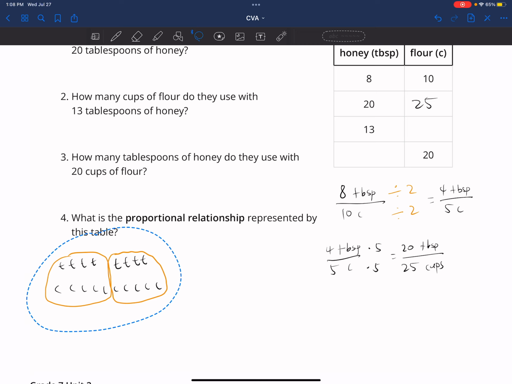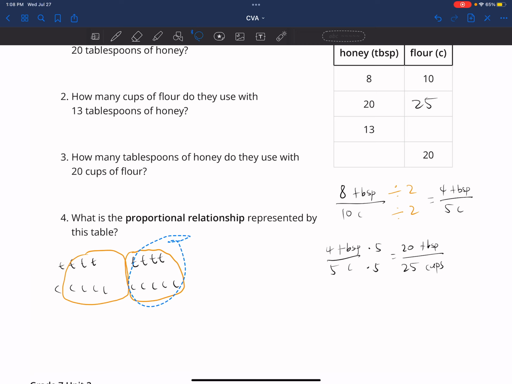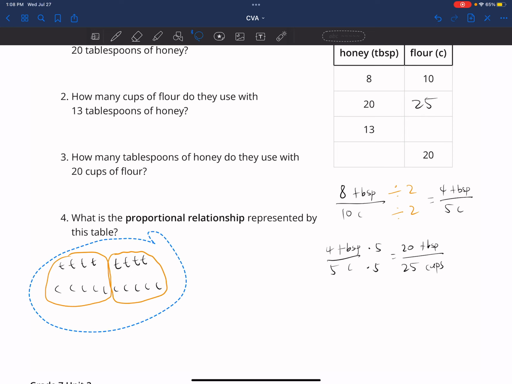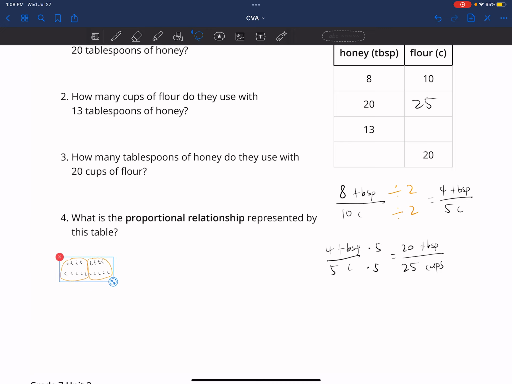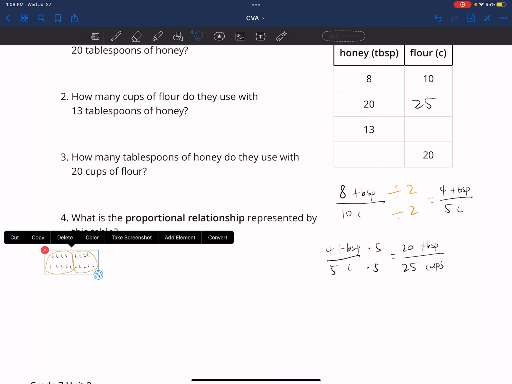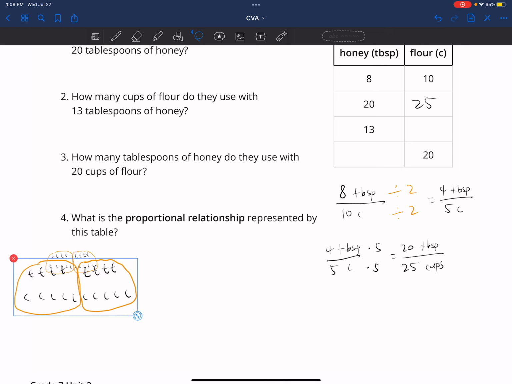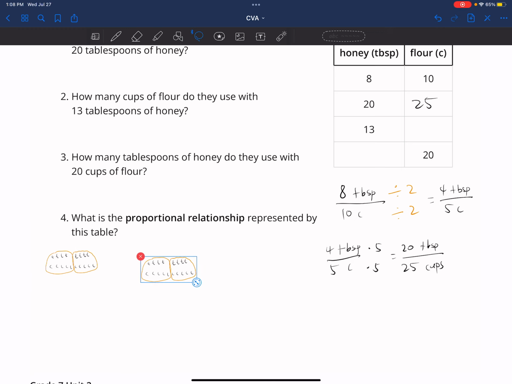Let me copy and paste, and resize this a little bit. Okay, so currently I have 20 teaspoons. So I have 1, 2, 3, up to 16, and I just need one more set.